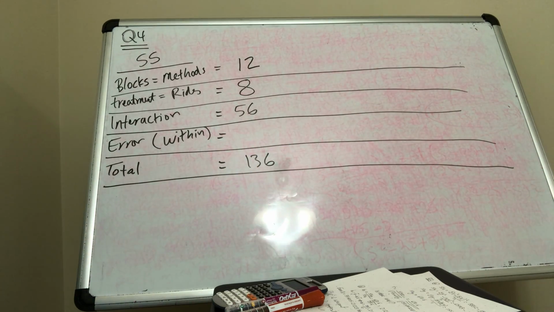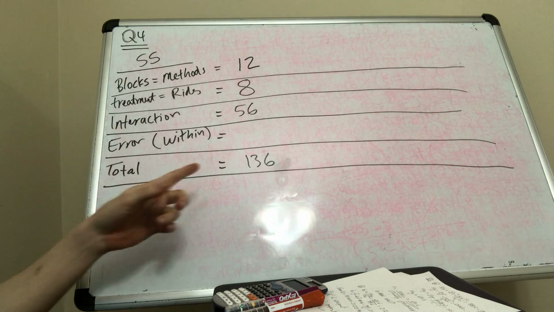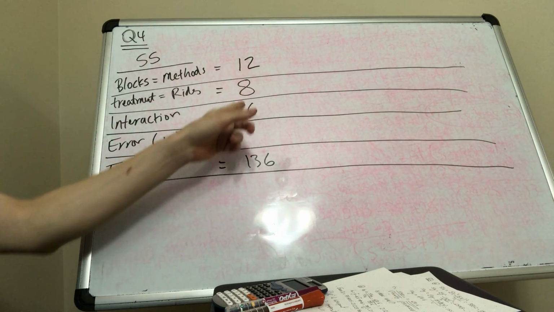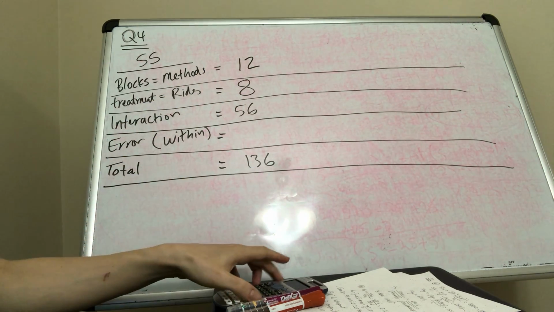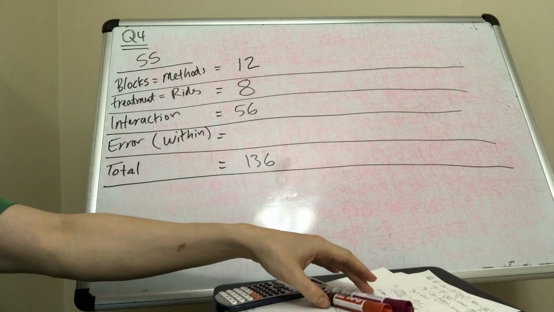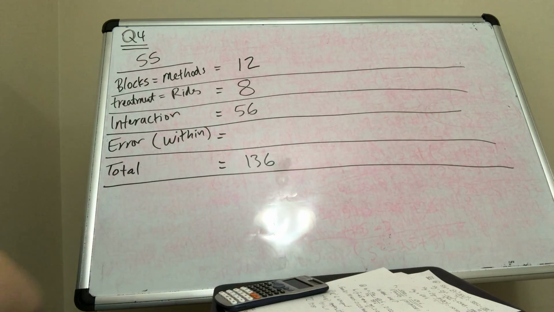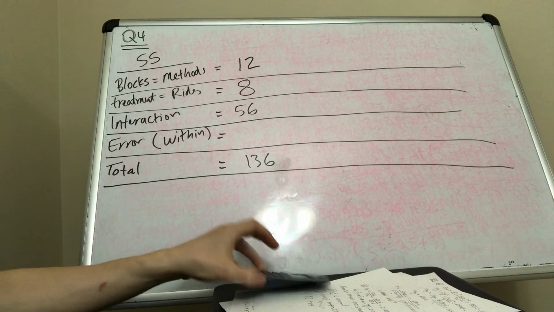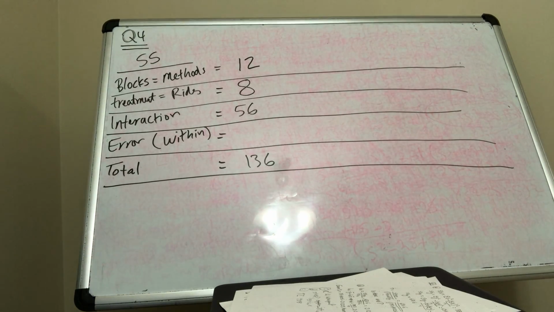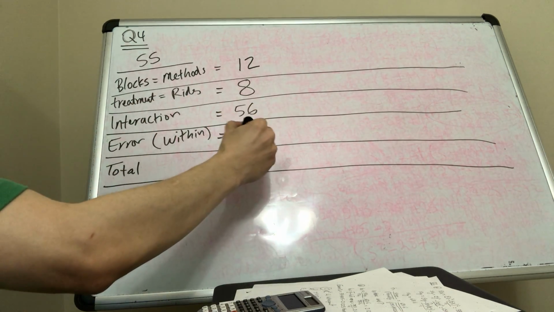So if you're given a missing number, you know that they add to the total. So to figure out the missing one, we go 136 minus 56 minus 8 minus 12, and you get your missing one.